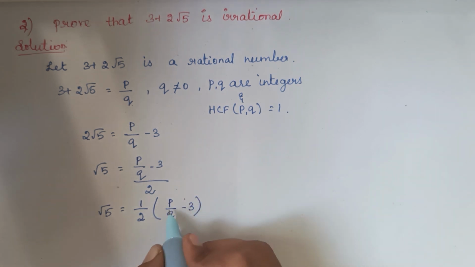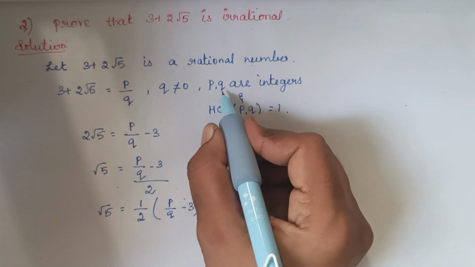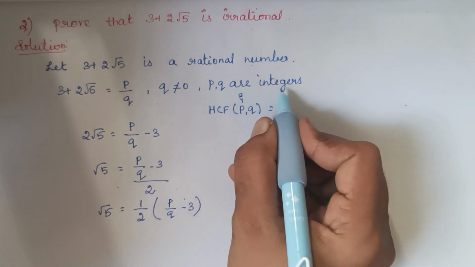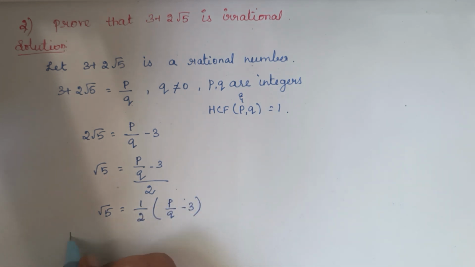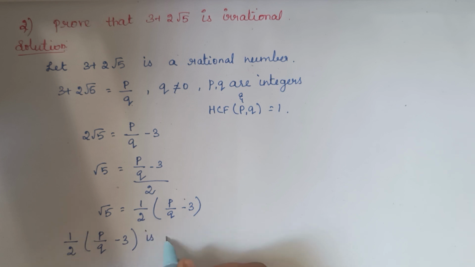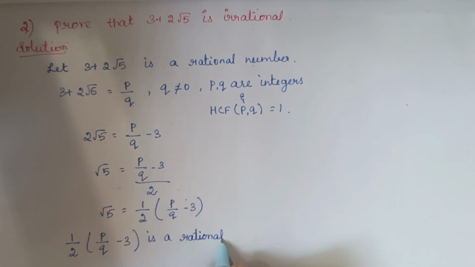Since P and Q are integers, as we already mentioned, 1 by 2 into P by Q minus 3 is a rational number.